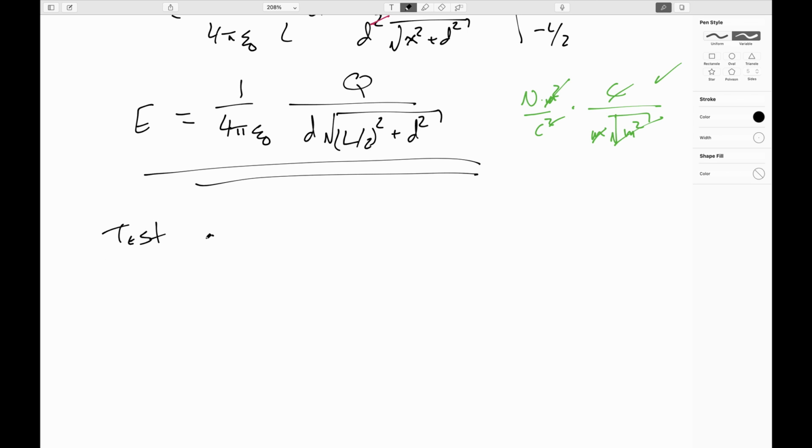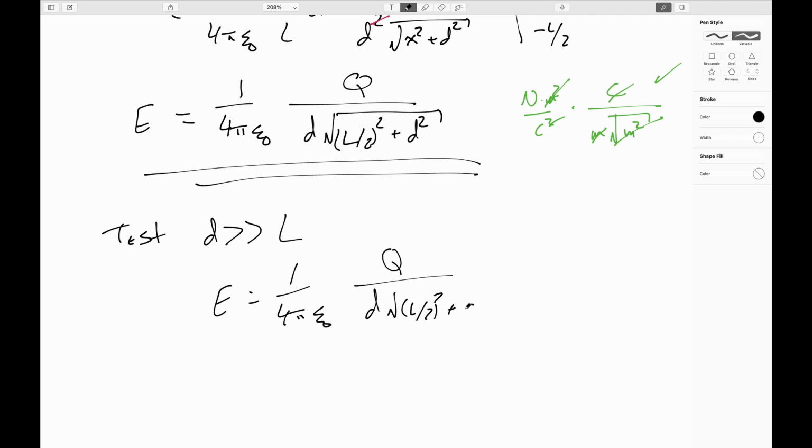where our d, our distance away from the charge, is much bigger than the length of the rod itself. Well, if that's the case, then our expression is q over d times the root of (L over 2) squared plus d squared. If our L is much less than d, then when we square it, L squared is going to be a lot less than d squared. And so then we can go ahead and basically just wish that away.